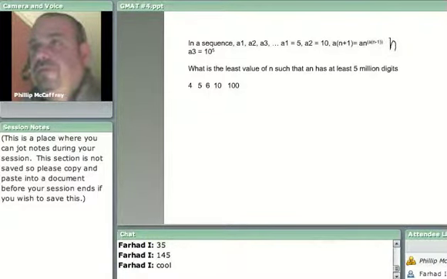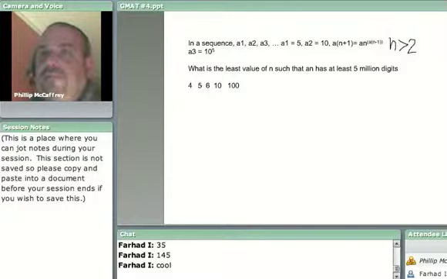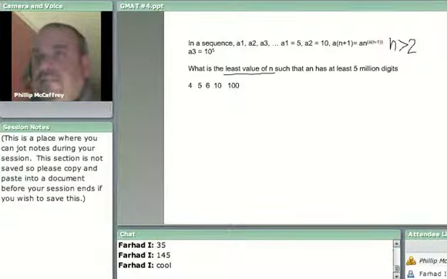Obviously the first 2 doesn't apply to this. And the example they give us is a sub 3 is equal to 10 to the 5. If you put in a sub 2, which is 10, and you move it up, you'll figure that one out. So our question is, what is the least value of n such that a sub n has 5 million digits?